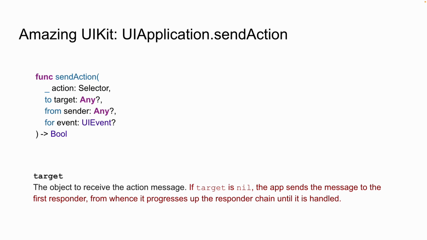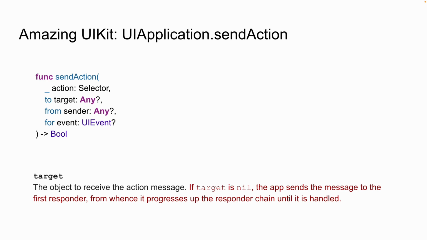It has this method, sendAction, where you could send some selector or some method to any target with maybe some event. And the documentation states that if the target for this method is nil, in that case it will be sent to the first responder and then go through the responder chain. So it seems very promising.